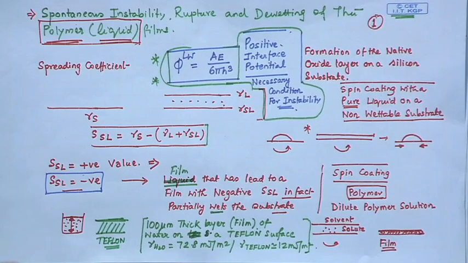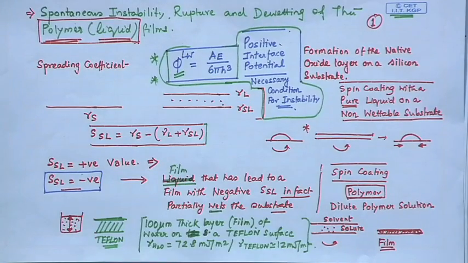That is what your spreading coefficient alone will tell you. But the reality is this film will remain there, nothing is going to happen to it, because the film is too thick, and those surface fluctuations will never get adequate help from the interfacial van der Waals interaction to grow. They will always be flattened out because of Laplace pressure.